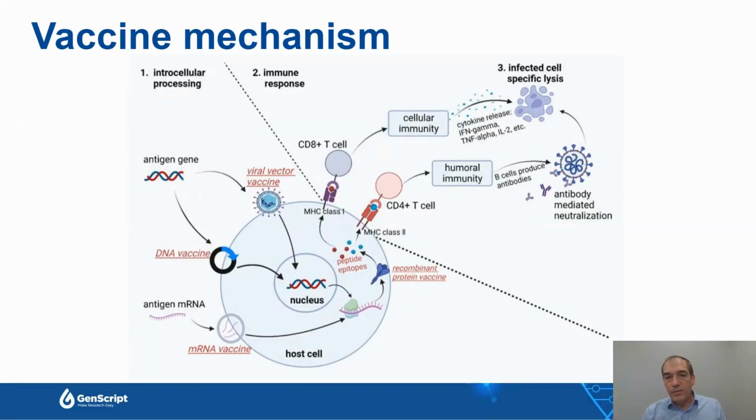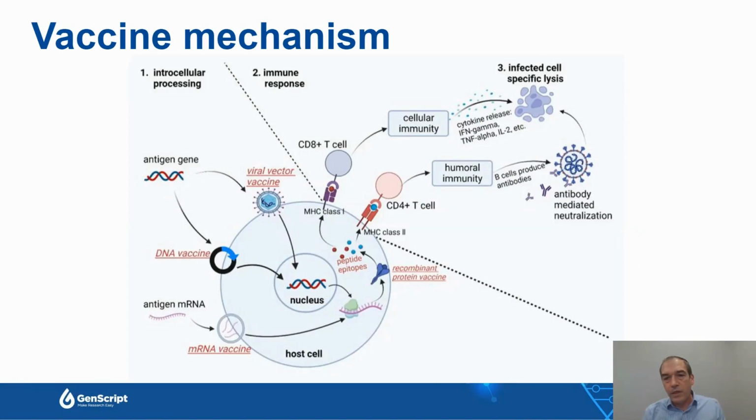So what is the typical vaccine mechanism? Typically, the antigen enters the human body and is eventually picked up by the antigen-presenting cells. Whatever the antigen shape was, DNA, RNA, or virus, it is typically converted to protein first, and then digested to peptides.